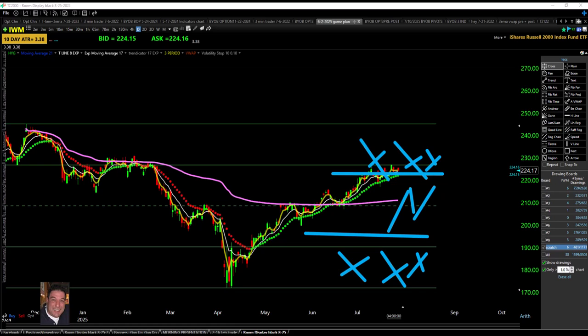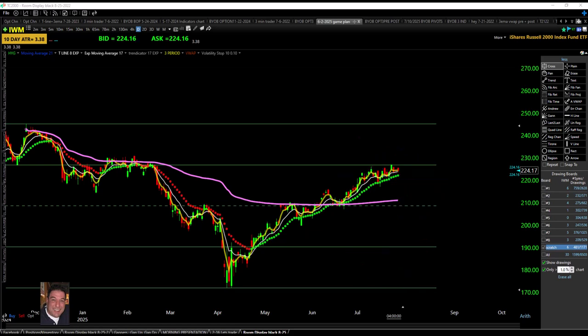So that's bullish. You can see price action up there planking. Have you ever planked before? You get on your elbows and your toes, and you lift your whole body up off the ground and hold it there. It's hard to do. That's what they're doing right now. They're planking for a whole month.